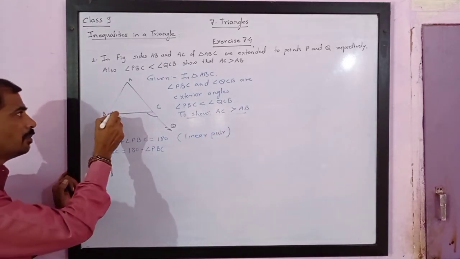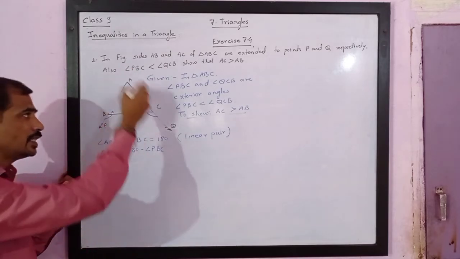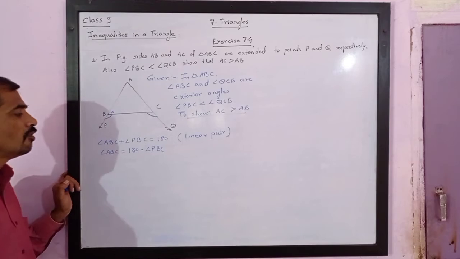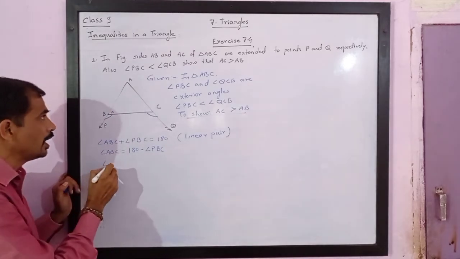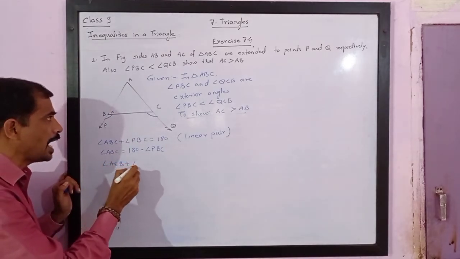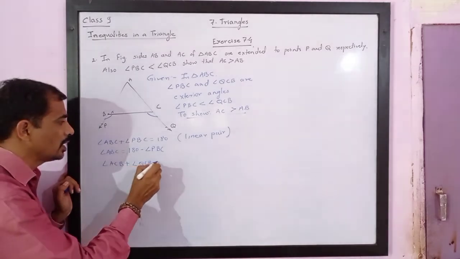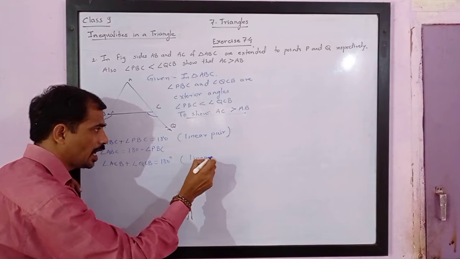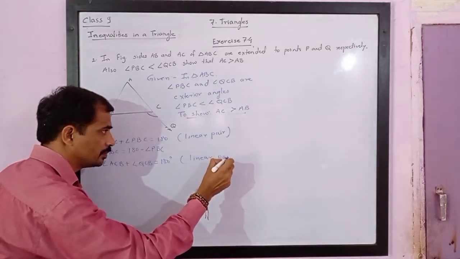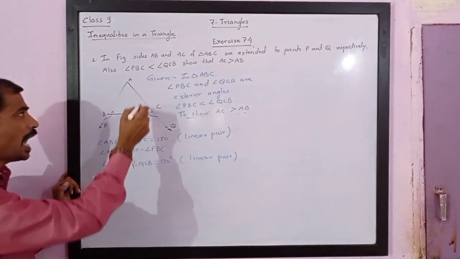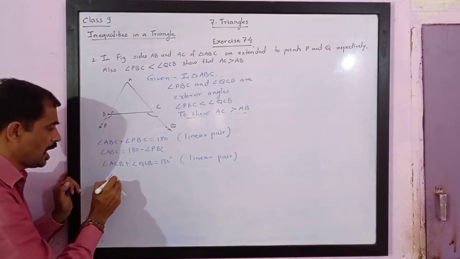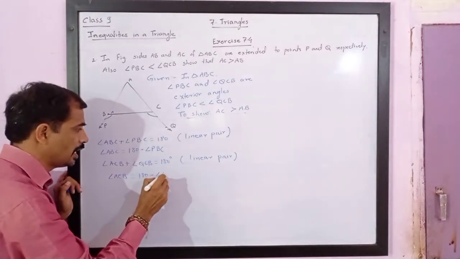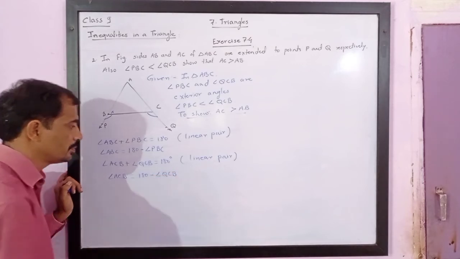Now I have got angle ABC. On this side also, angle ACB plus angle QCB forms a linear pair. Angle ACB plus angle QCB equals 180 degrees. The reason is again angles in a linear pair are supplementary. It means angle ACB is equal to 180 minus angle QCB.